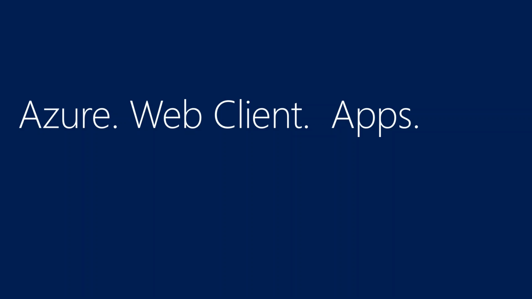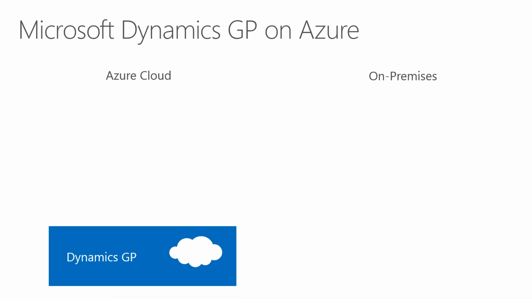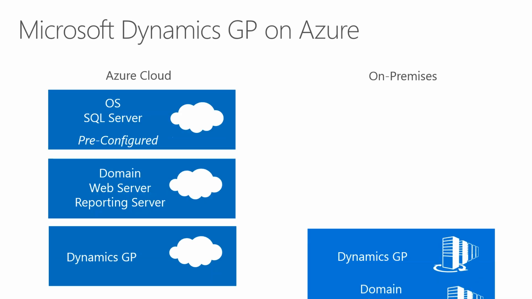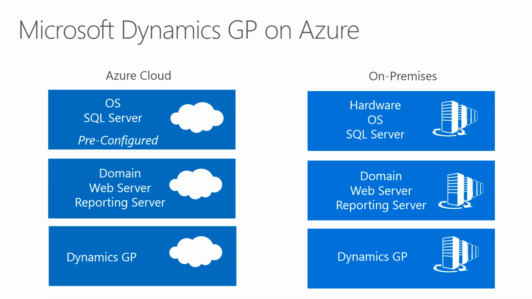A section that we cannot go past: I need to talk about web, cloud, the Azure system in particular. As we went through that PowerPoint, you may have noticed that all of the screenshots came from the GP web client. This is definitely the future. And we now have two equal solutions that we can deploy. On-premise, on the right-hand column, is all the traditional ways we've done it: your hardware with your own operating system, SQL Server, etc., the infrastructure that supports that, and then the Dynamics GP system that goes with that.